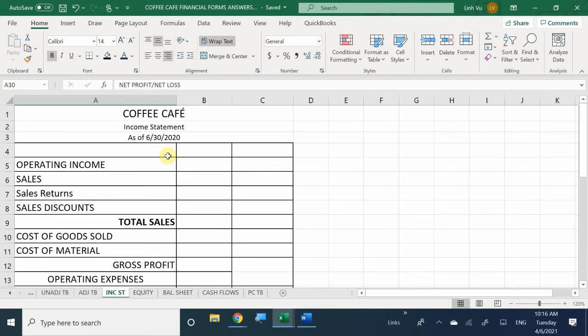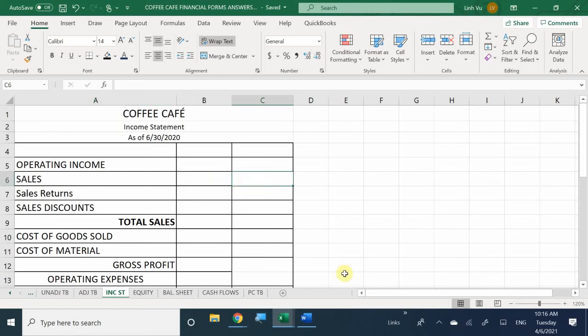Okay, so here we're going to start with the very first one, which is your operating income. So underneath that category of operating income, we have our sales. So in this case, how this works is we're not going to line them up as if left is your debits and right is your credits. We're going to just line them up according to calculations. So here, right?